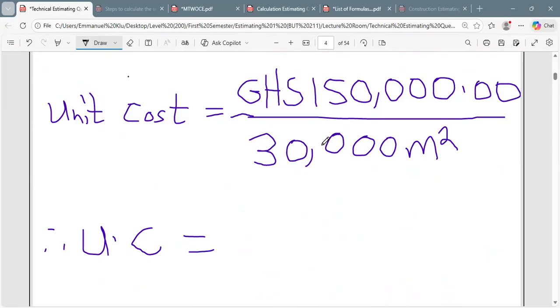Four zeros, or let's do it bit by bit. These three zeros can take care of these three zeros, and this zero can also take care of this zero. 3 will go into 15 how many times? 5 times. So our unit cost is 5.